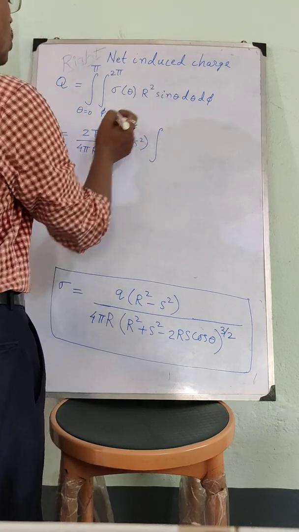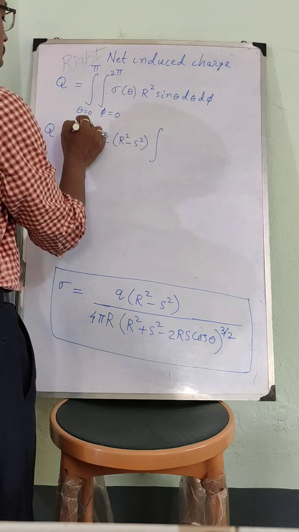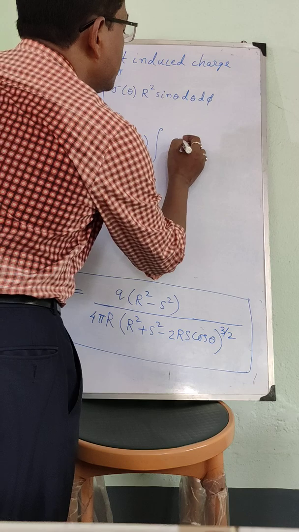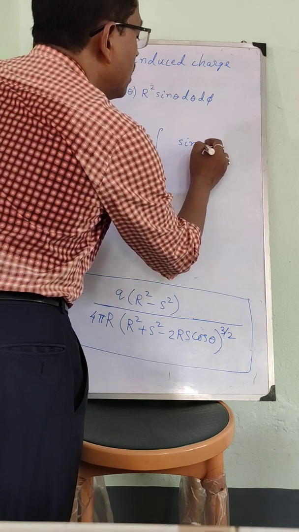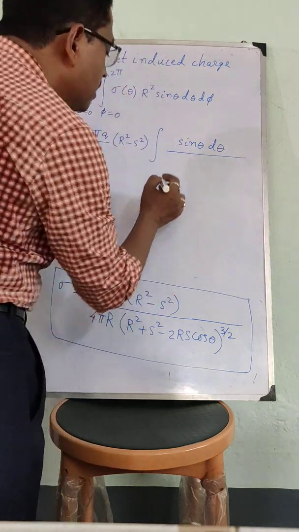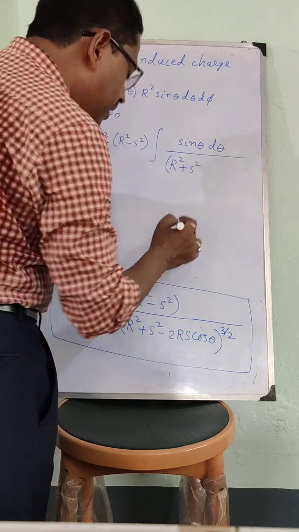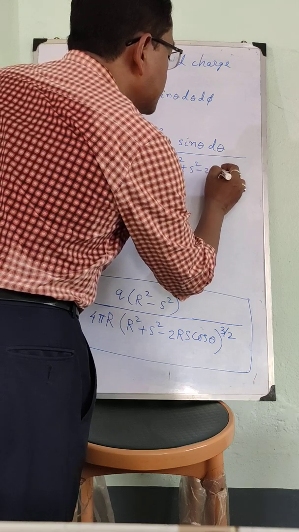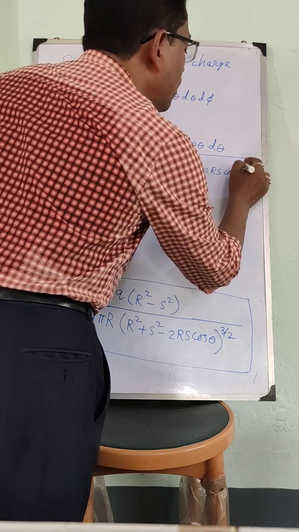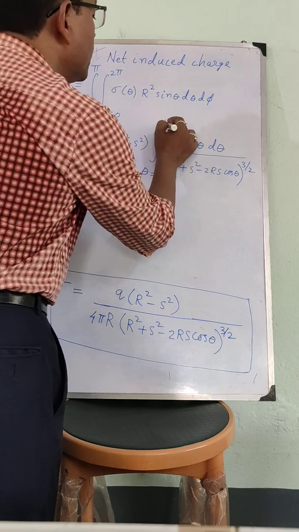This R² also I should take outside the integral sign. So this is, suppose, this R² I have written here. Theta integration is only sin theta d theta divided by (capital R² plus s² minus 2Rs cos theta) whole to the power 3 by 2, where theta goes from 0 to pi.